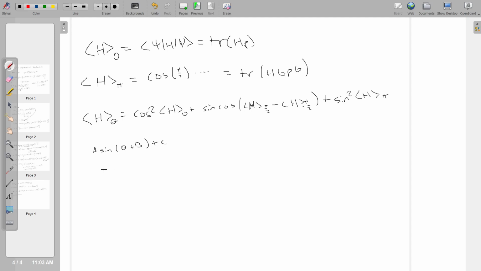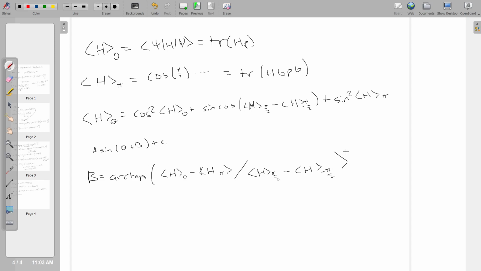So I'm just going to tell you the answer here, that b is equal to arctangent of h 0 minus h pi divided by h pi over 2 minus h negative pi over 2.